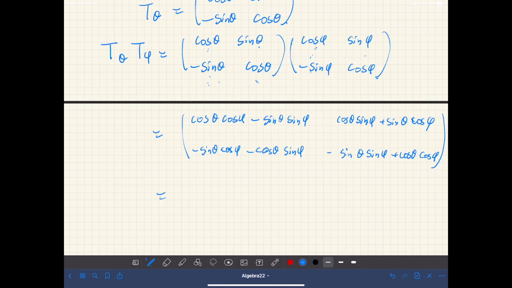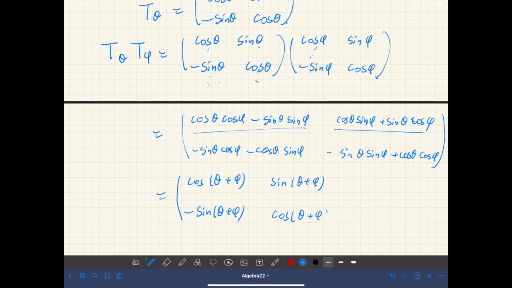And by using the trigonometric formulas, we see that this one is equal to cosine theta plus phi, and this one is sine theta plus phi, and this one is negative sine theta plus phi, and this one is cosine theta plus phi, which is T theta plus phi, which is an element of O2.